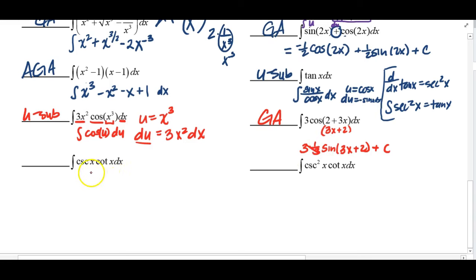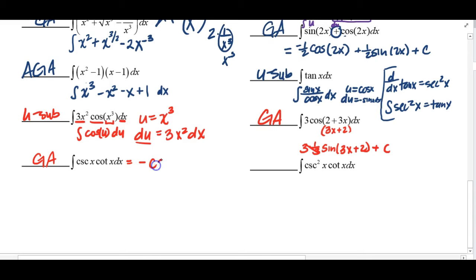And now the last two on here, we have the integral of cosecant x cotangent x dx, and then ever so slightly different, the integral of cosecant squared x cotangent x dx. Alright, so this one here, it's either you know it or you don't. It is a general antiderivative, because there is something that I know of that I can take the derivative of and get cosecant cotangent, or close to it.